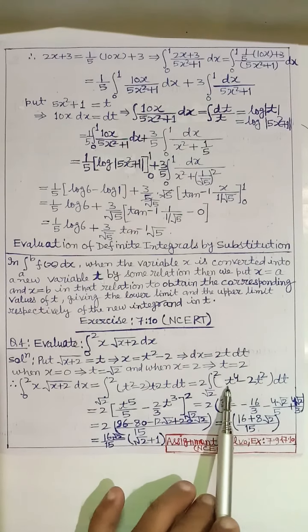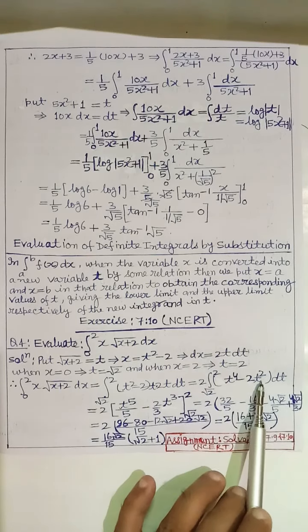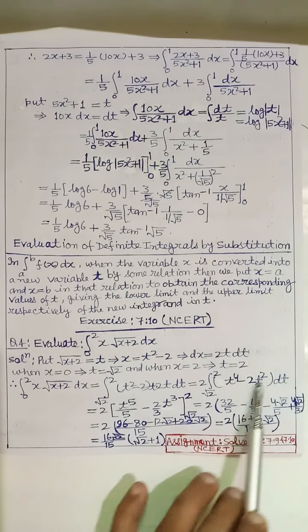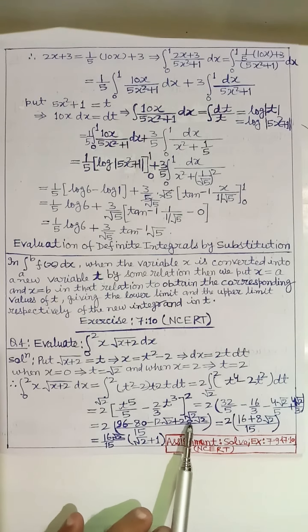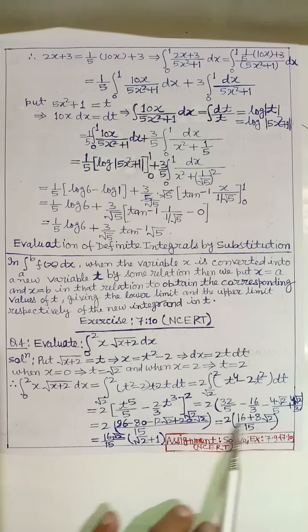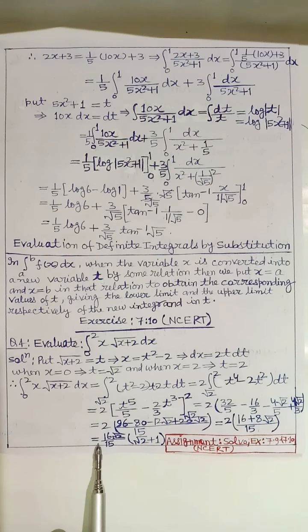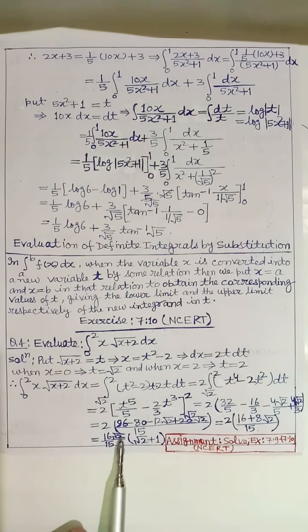Here we can integrate this very easily, t to power 5 by 5, and here t cube by 3, and multiplied by 2, we get this, and we use the limits from root 2 to 2, and we solve this here. You can understand very easily, and this is finally equal to 16 by 15, 16 root 2 by 15 into (root 2 plus 1).